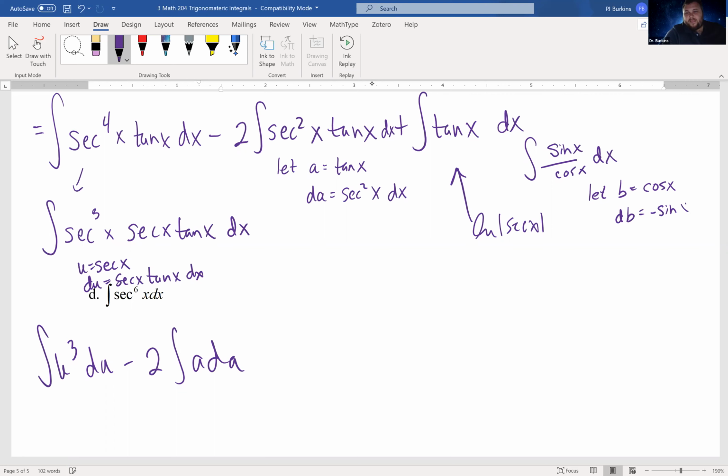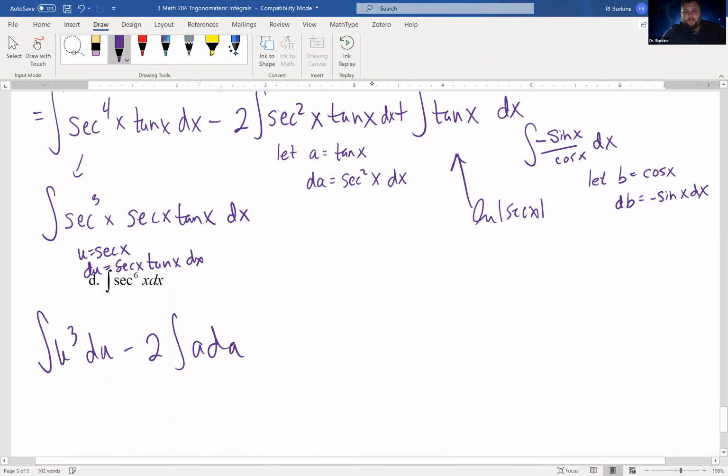We know the derivative of that is minus sine. We would put a negative here and one on the outside as well. So that integral would be minus integral dB over B.